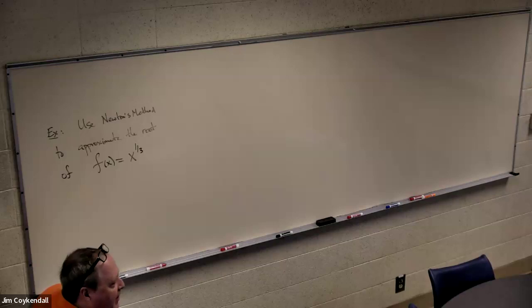Now, can you explain to me why this might be a silly problem? Why you probably wouldn't use Newton's method on this? Anybody know what this function looks like, by the way? Cube root of x.